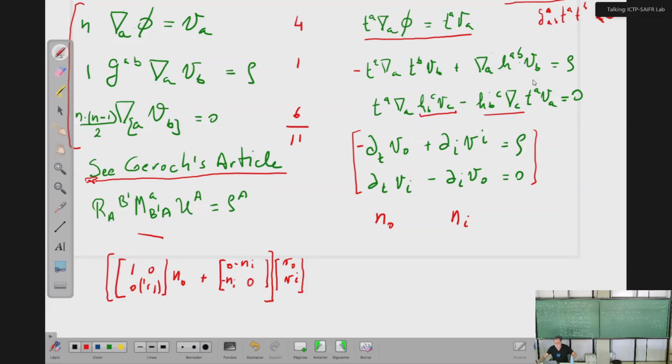So this matrix here is 0, minus n_x, minus n_y and minus n_z. And in this direction is minus n_x, minus n_y, minus n_z. 0 here, so it's symmetric. So this is symmetric hyperbolic.